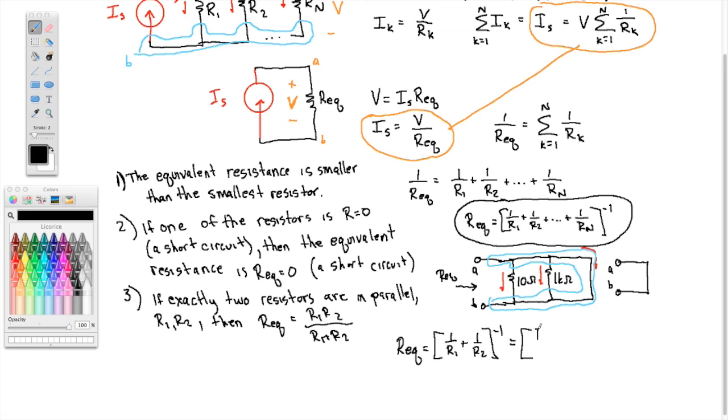So this is R1 times R2, then this has to be R2 up here, plus, and this is R1 over R1 R2. So now I can add them, R1 plus R2 over R1 times R2, and that's the reciprocal. And so when I take the inverse, that is the product over the sum. Okay, so that's a quick way of getting a parallel combination, product over the sum. We will use that quite a bit.